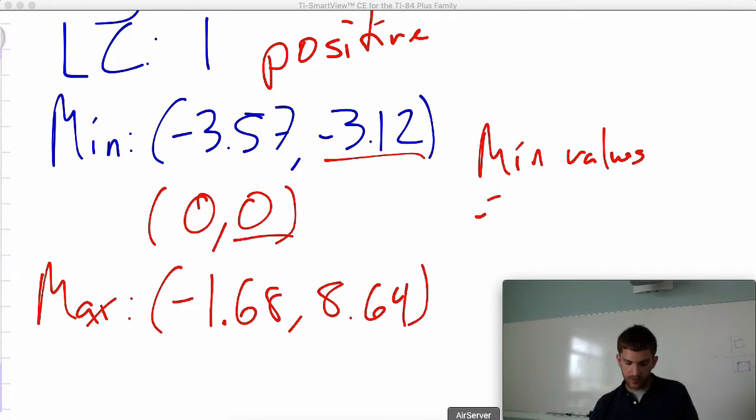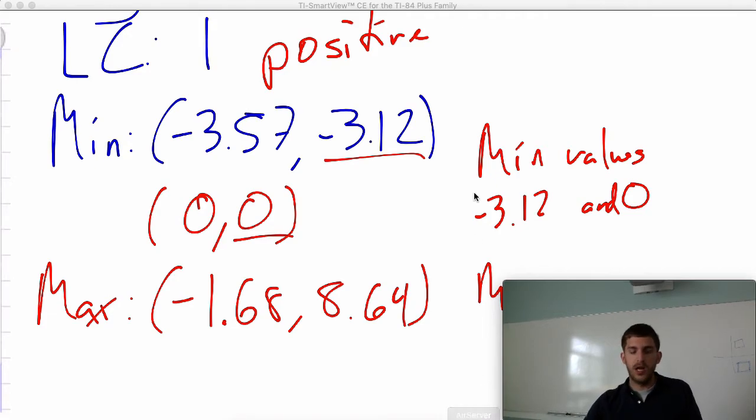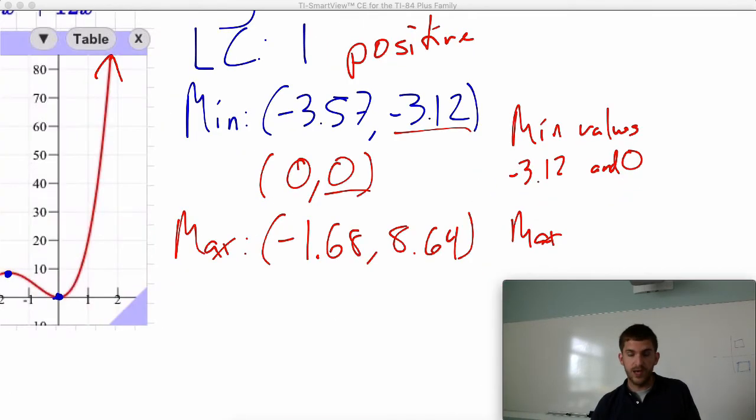So it would be negative 3.12 and 0. The max value, or the max local value, sorry, I'm off the screen. Let me shift that over. The max value would be just the y value at that highest point of 8.64. So those are our local max and local mins.